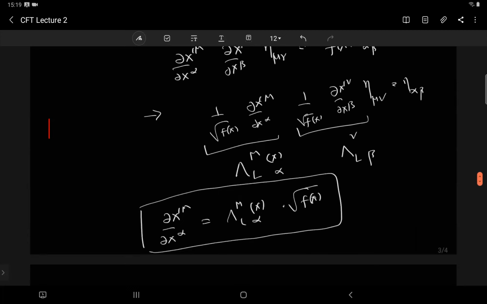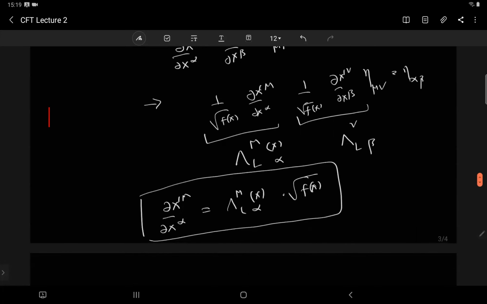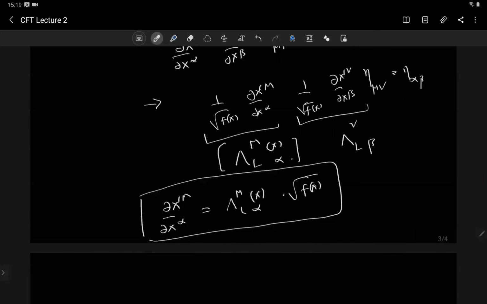If I call this lambda^mu_alpha, then this equation becomes lambda^mu_alpha lambda^nu_beta eta_mu_nu equal to eta_alpha_beta. But this is by definition how you define Lorentz matrices. So this is a Lorentz matrix. So the general solution is this.